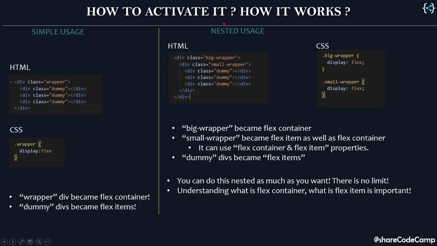We can also use the nested way. Imagine that there are two divs. When you do display flex, the descendant element will be the flex item, which is the small wrapper. Remember, when you apply display flex only on the big wrapper, in this case, only the small wrapper is going to be a flex item.